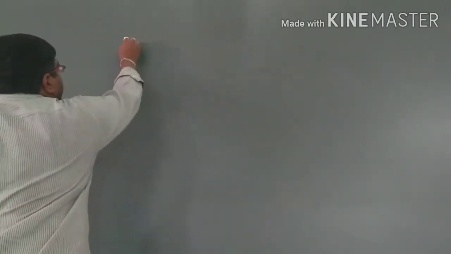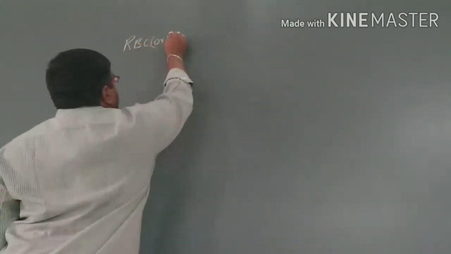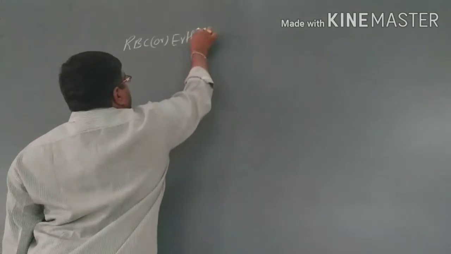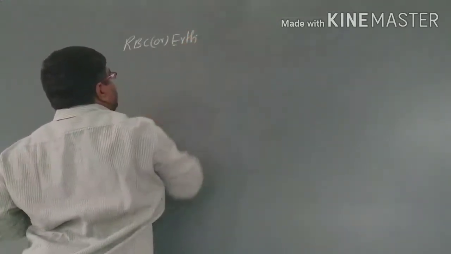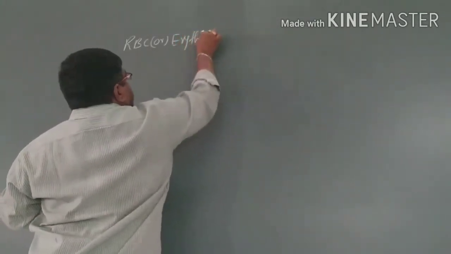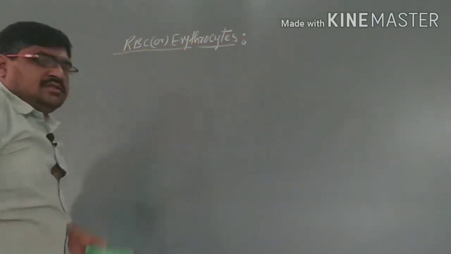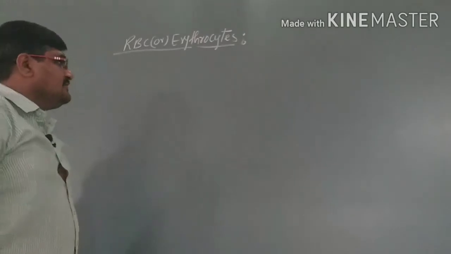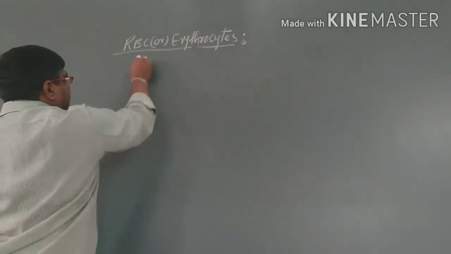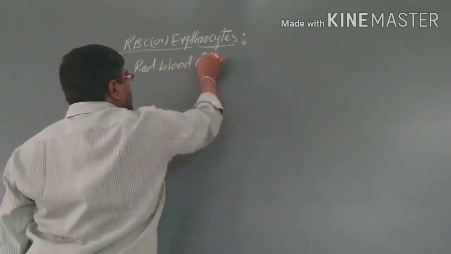Now coming to the first one, the RBC, otherwise called the erythrocytes. What does RBC mean? We can call them red blood corpuscles.